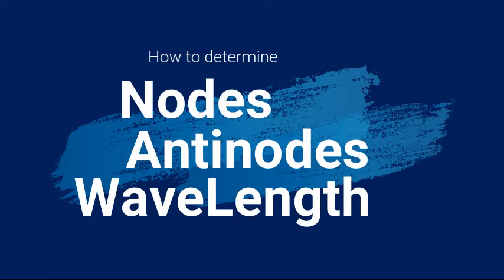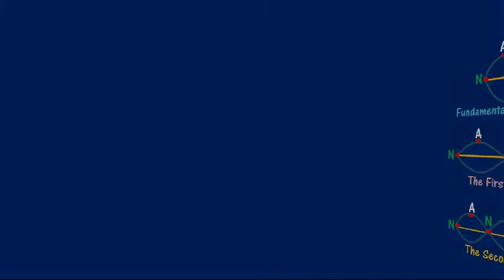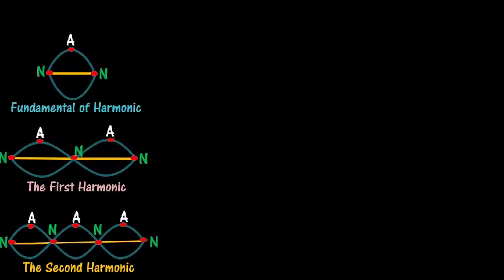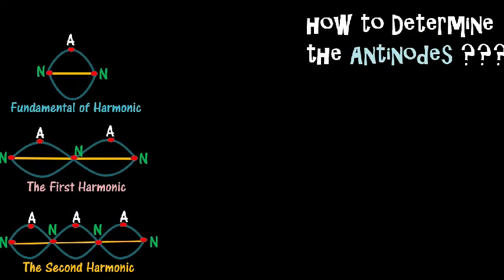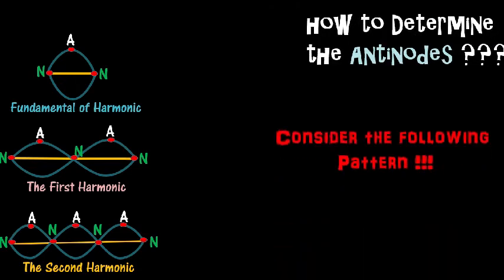Let's see how to determine the number of nodes, antinodes, and wavelength. To determine the antinodes, please consider the following pattern. If n is 0, the number of antinodes is 1.